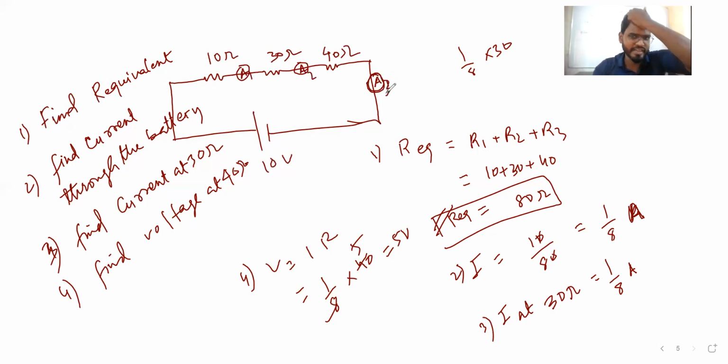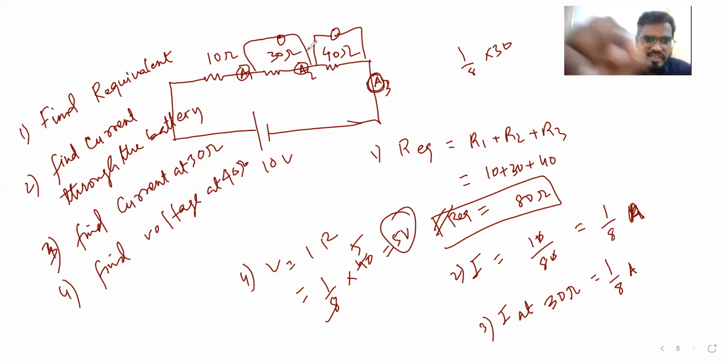Now they will say find current at A1, A2, A3. Same, because it is in series. So all current is going to be the same in A1, A2, A3, right? They will say find voltage at the voltmeter V1. This one, 5 volt. Okay, got it now?